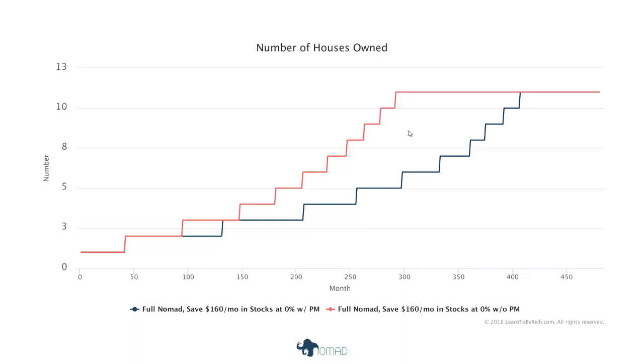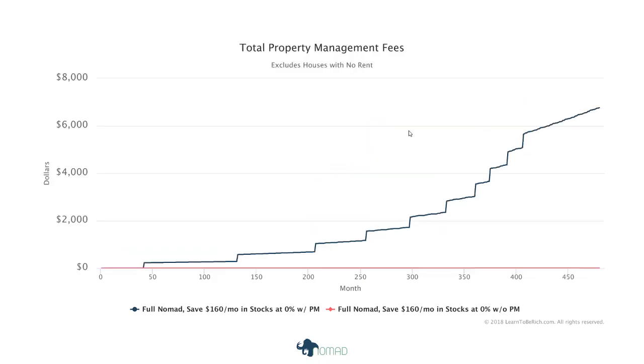Now this has cascading, compounding effects on things, because it's not just the number of properties you own and when, it affects cash flow, it affects your equity, it affects a whole bunch of other stuff. So here's your property management fees. So before, when you're not hiring a property manager, you have nothing. But here's where you start paying property management fees, increasing, until eventually your property manager is collecting about, I don't know, $6,000 a month in fees from you.